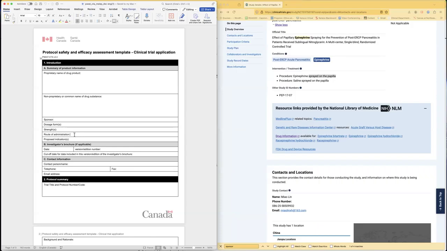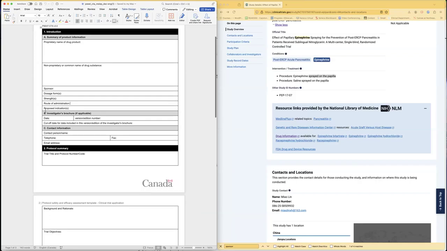Again, this is just one example of a registered clinical trial. Regulatory affairs professionals have to be able to find the valid source document and find all of the information they need in order to complete the regulatory documents and the forms that you are seeing on the left side of your screen.